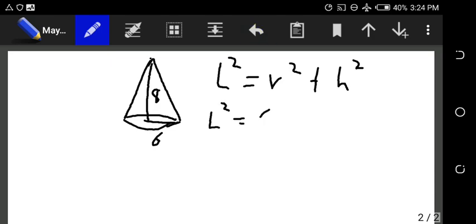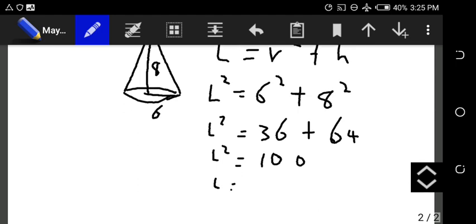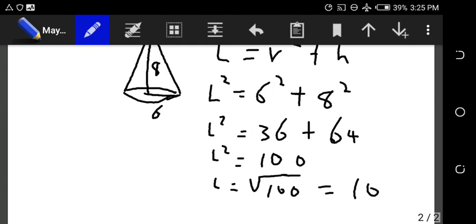is equal to our radius, which is 6 squared, plus our height, that is 8 squared. Our L squared is equal to 6 squared, that's 36, plus 64. It means that our L squared is equal to 100. Taking the square root of both sides, our L is equal to the square root of 100, and that means that L is equal to 10.